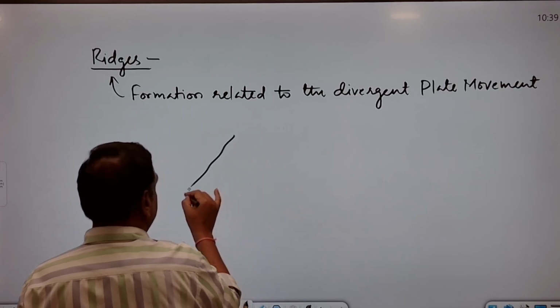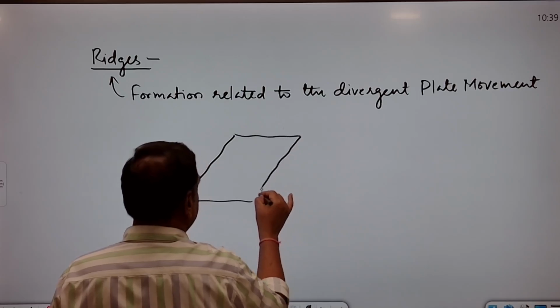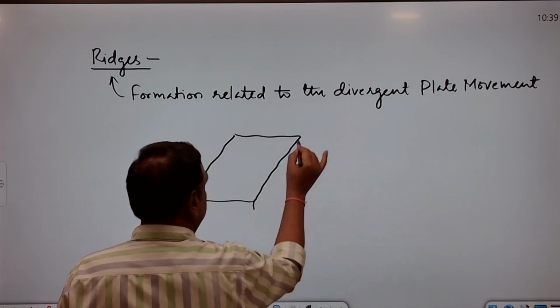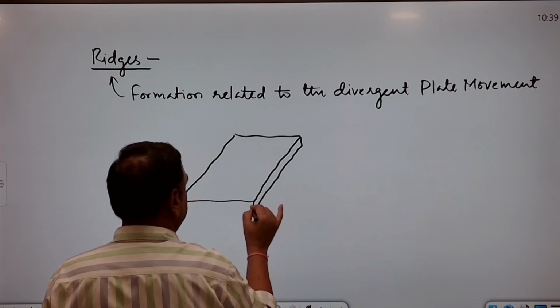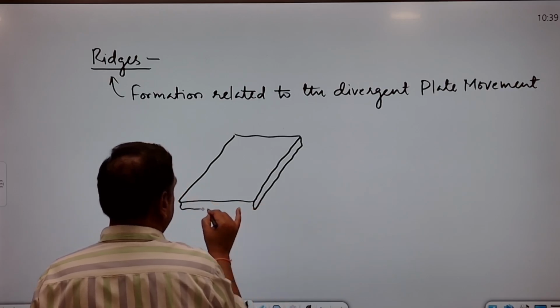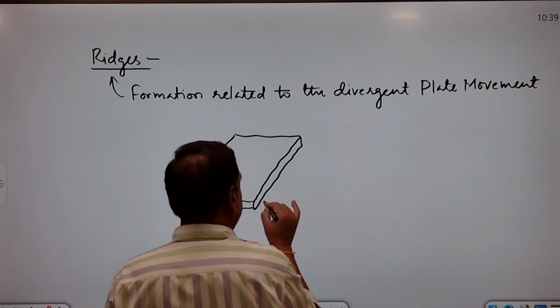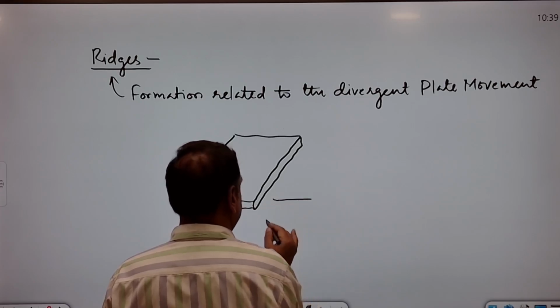I am just making this diagram and I hope that you will understand the things clearly. Okay. See, this is one of the plates, and the other plate I can make here like this.